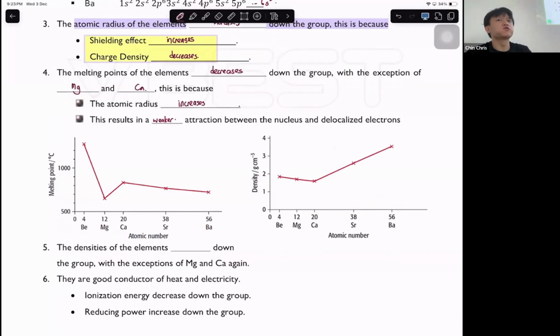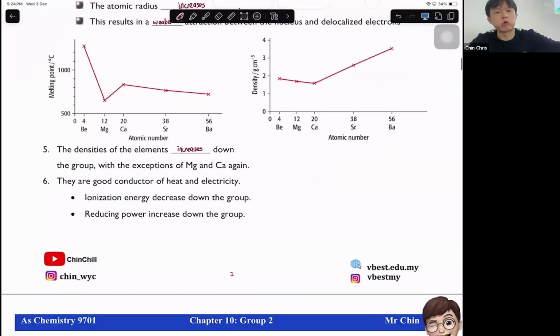It has more volume, but it gets way heavier. So increase. Yes, correct. Highlight the words: ionization energy decreases down the group. Highlight: reducing power increases down the group.